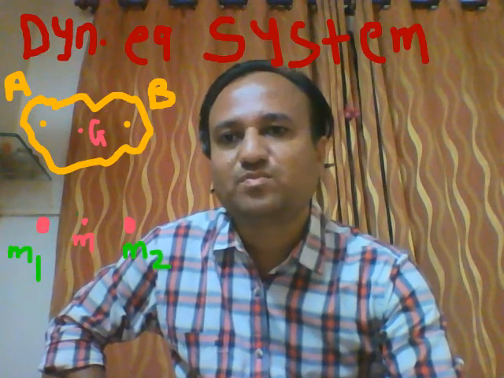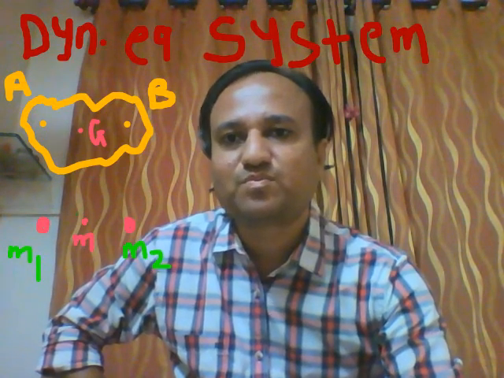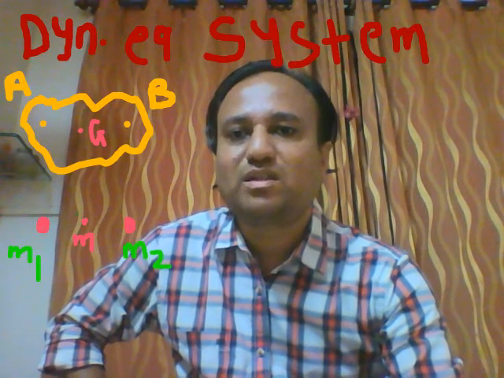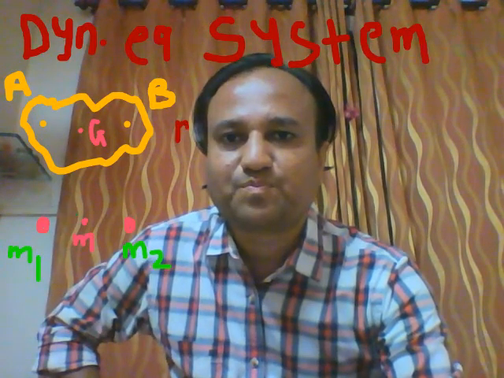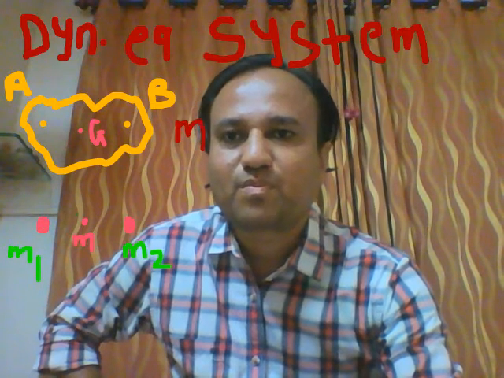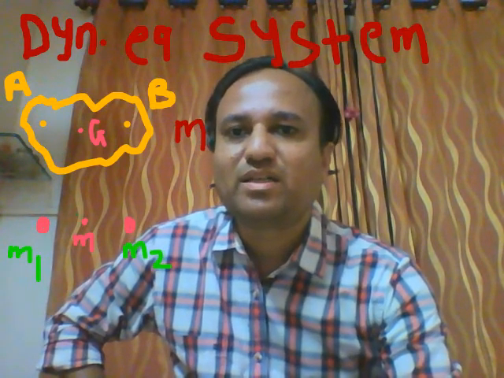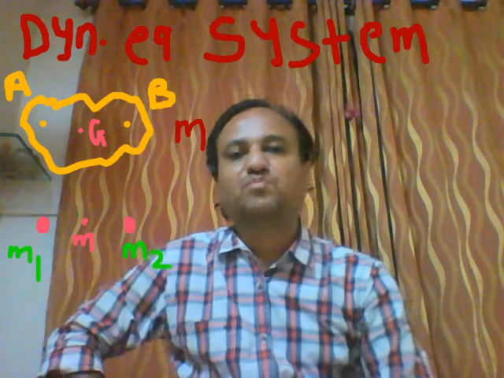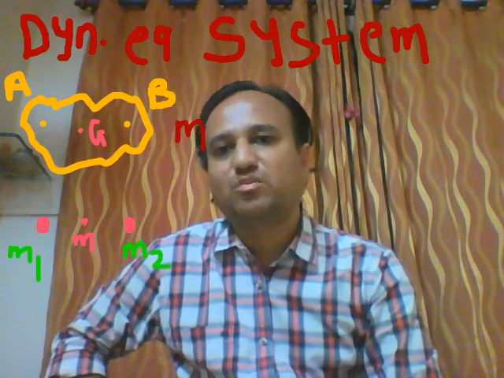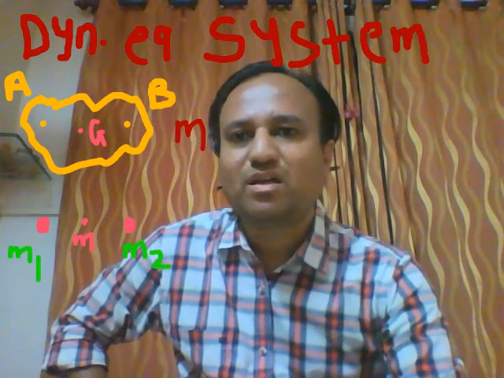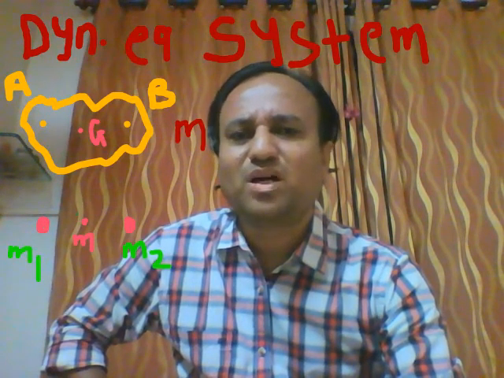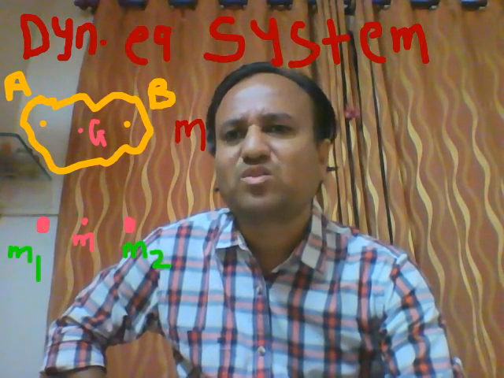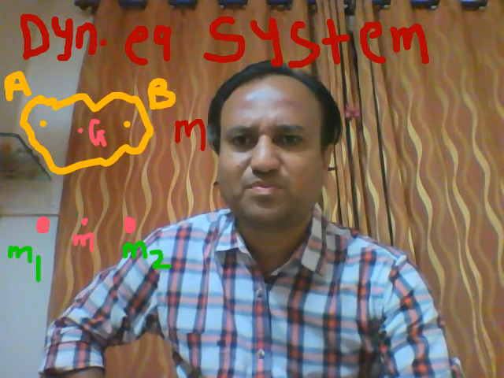Let, students, this be a rigid body. This rigid body has a mass, let it be m. So m is the mass of the rigid body. We assume we know that mass is concentrated at the center of gravity.